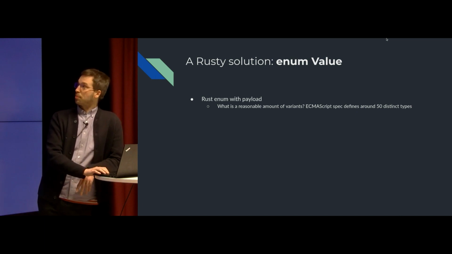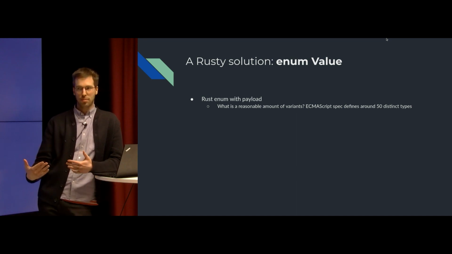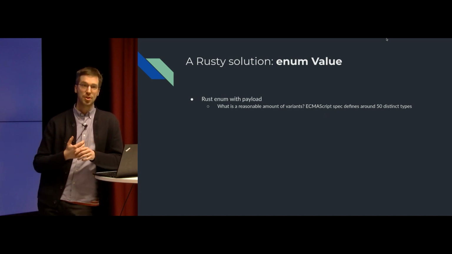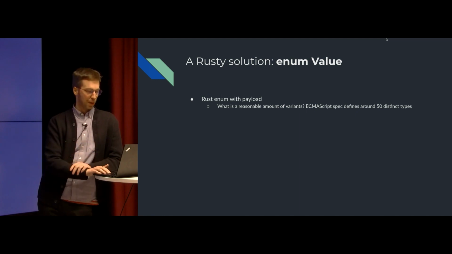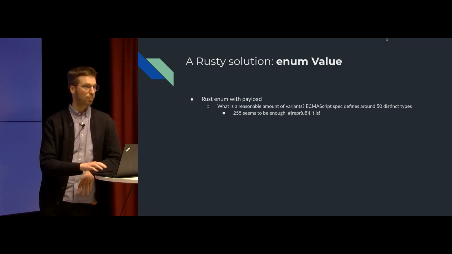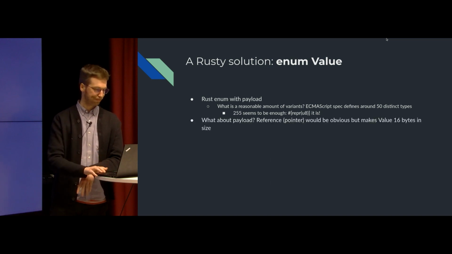The ECMAScript spec talks about 50 different types. And I'm saying type here not as in JavaScript value types, but just different kinds of objects plus all the primitives mentioned in the spec. So 255 should be enough.